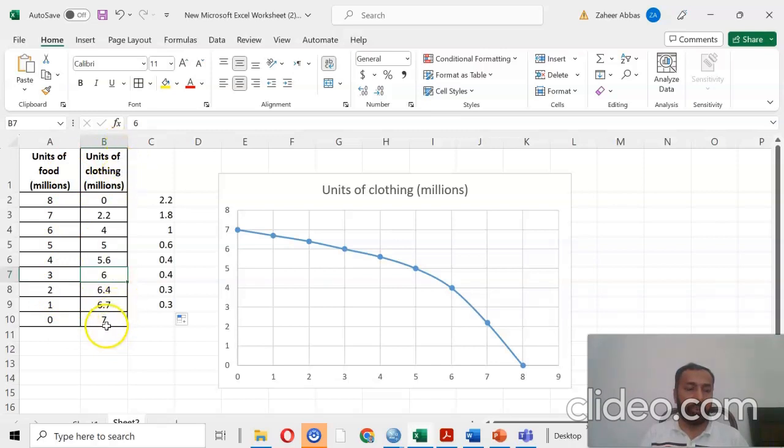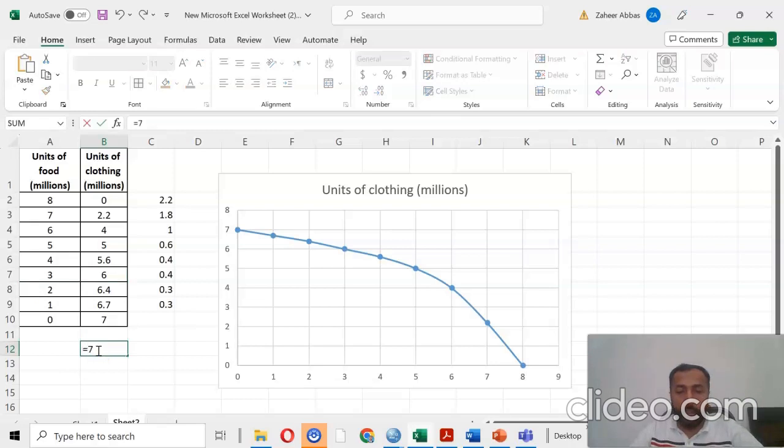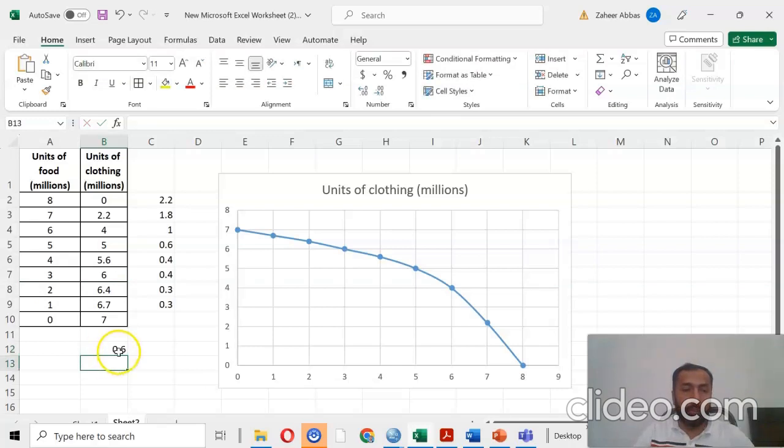How do we calculate this? 7 minus 6.4 is 0.6. So we have to give up 0.6 million units of clothing if we move the production of food from 0 million to 2 million.